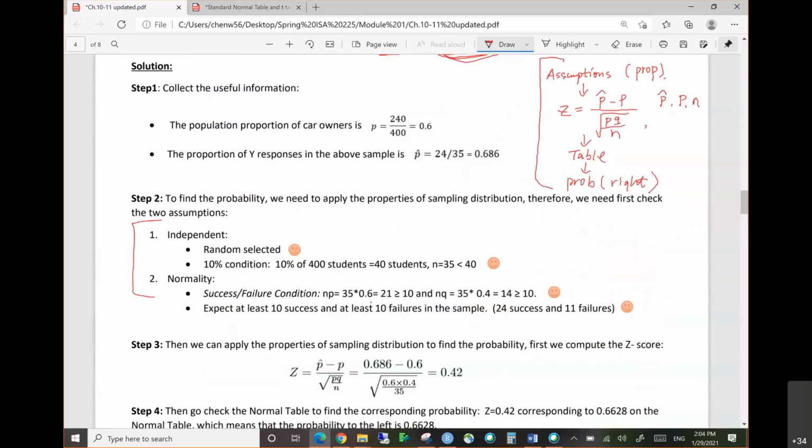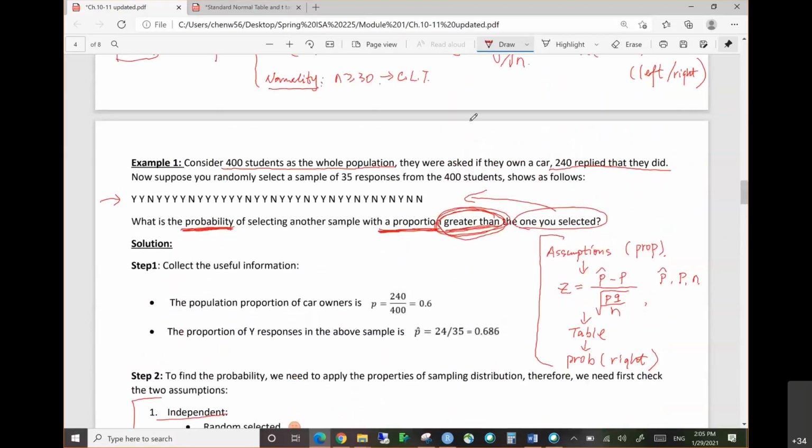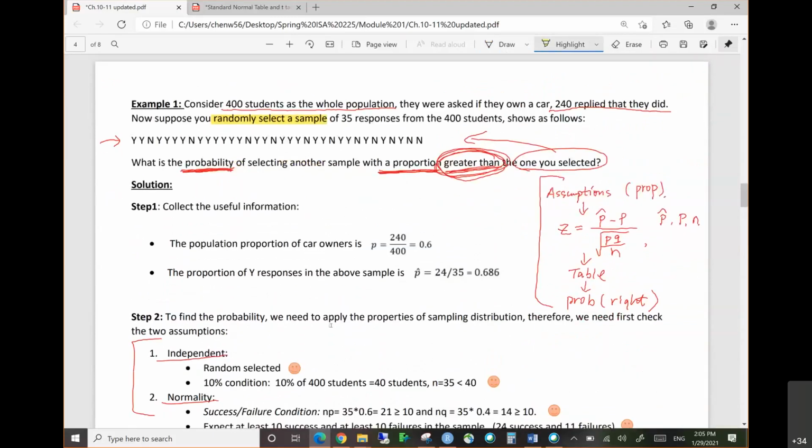We say for the proportion, we have 2 assumptions, independence and normality. For the independence assumption, we need to check whether this sample is randomly selected and the 10% condition. Is this sample randomly selected? Yes. You randomly select a sample of 35 responses, right? So this sample is randomly selected.